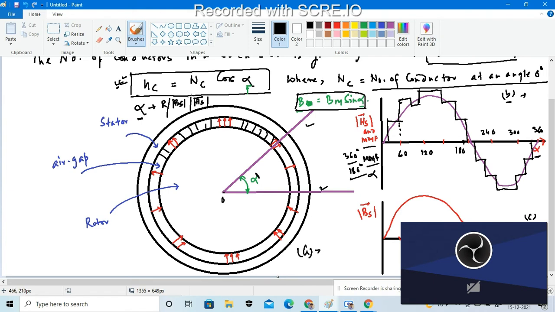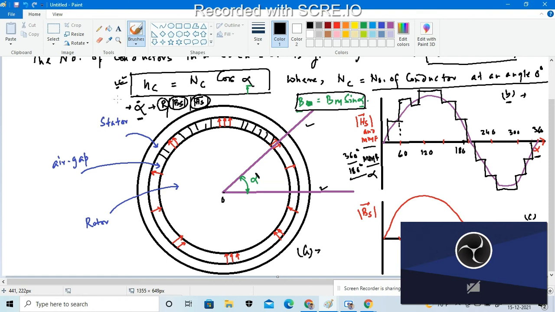So the value of the angle alpha will differ according to the design aspect of the rotor, as well as the values of the magnetic field intensity and the magnetizing intensity of a particular rotor.